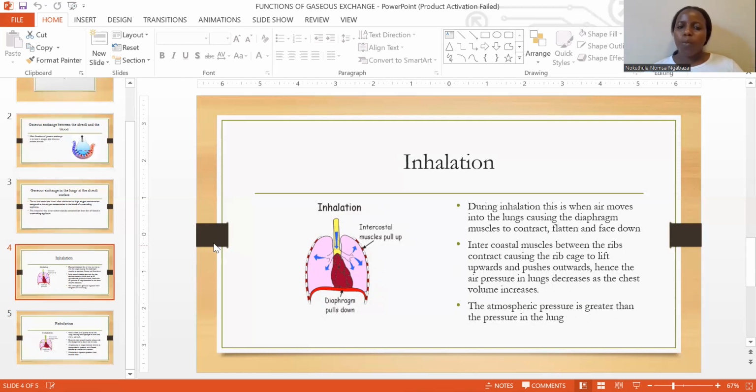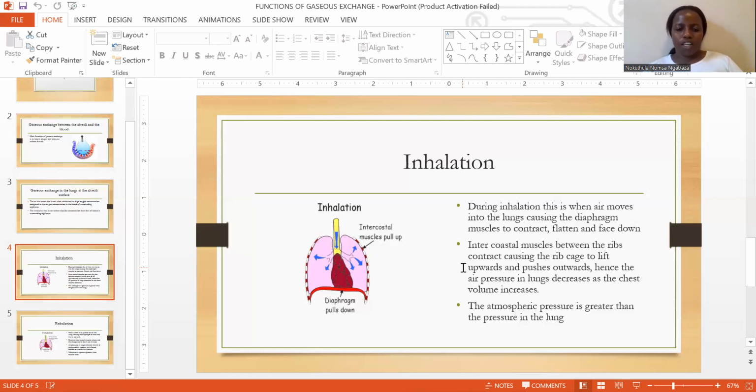So, what happens is that during inhalation, we've already explained before that inhalation is when you breathe in, which simply means that the air is going to move into your lungs before it can even get absorbed into your alveoli. But the important thing is that when we are breathing in, you're going to identify that your diaphragm muscles are going to contract, and then from there, they also flatten down.